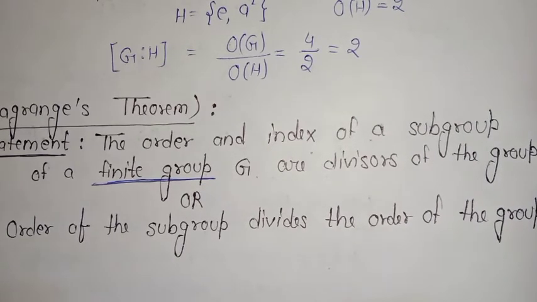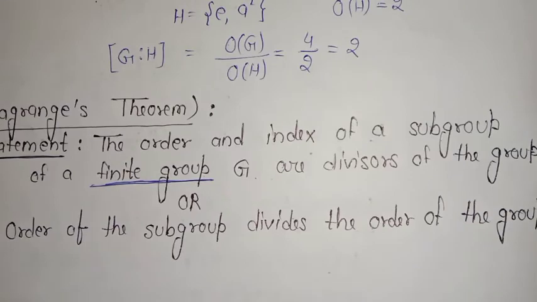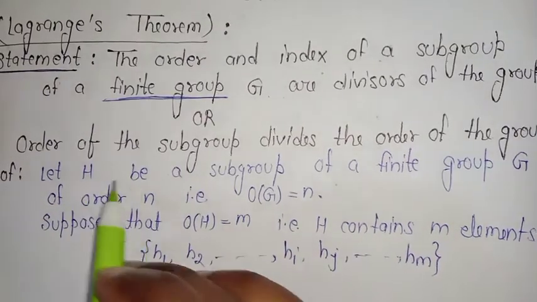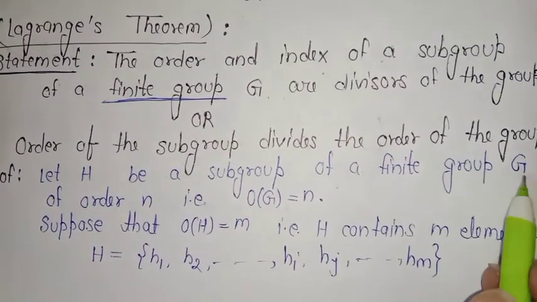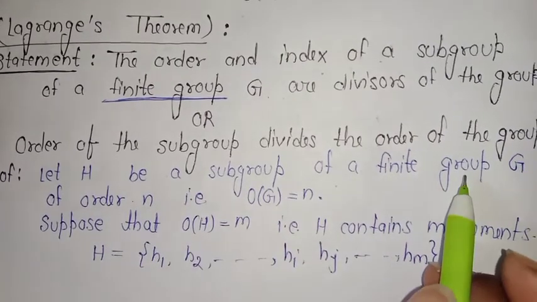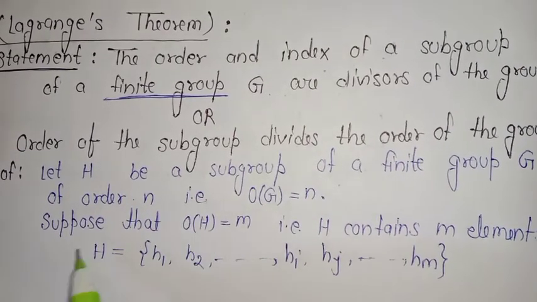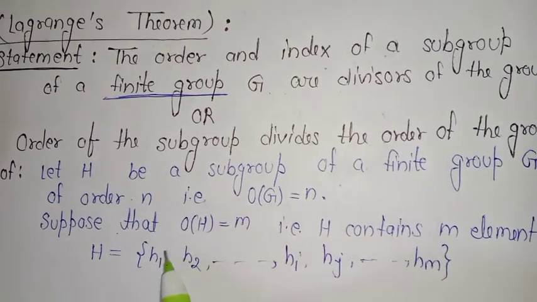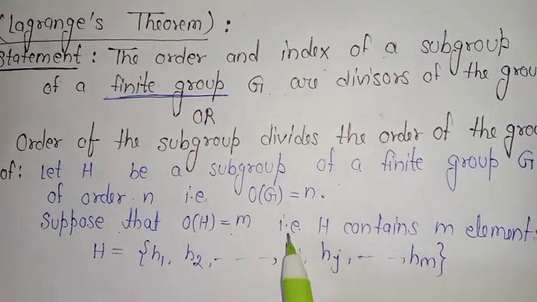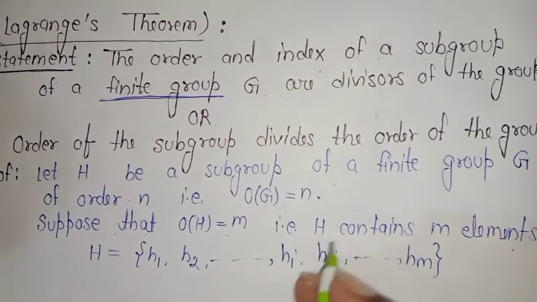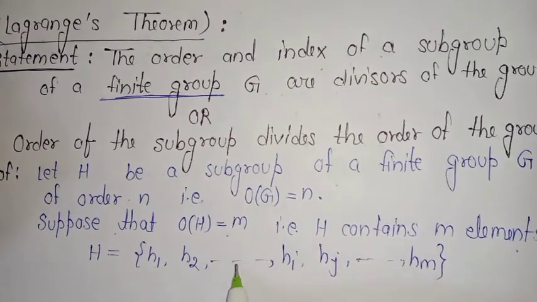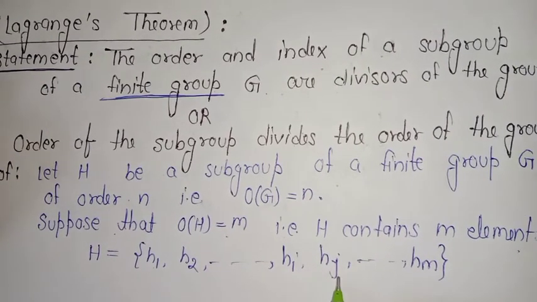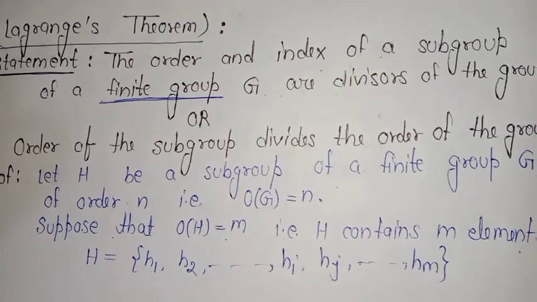Now we will see the proof of this theorem. Let H be a subgroup of a finite group G of order n. That is, the order of the group G is n, and suppose the order of H, the subgroup that we have taken, is m. That is, H contains m elements of the form h1, h2 and so on, hi, hj and so on, hm.